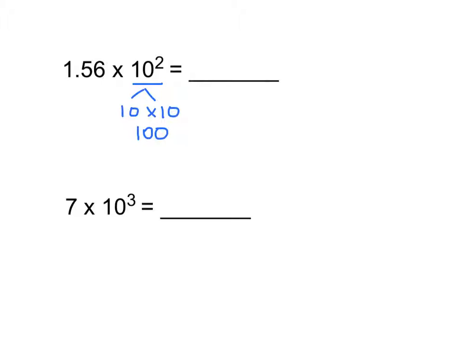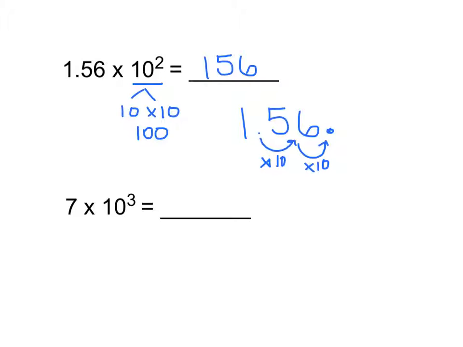And what I need to do is multiply 1 56/100 times 100. If I move my decimal place to the right one time, that's multiplying by 10. And moving to the right another time is another group of 10, which is exactly what we need to multiply by 100. So my decimal point is going to end up here, and that makes my answer 156.